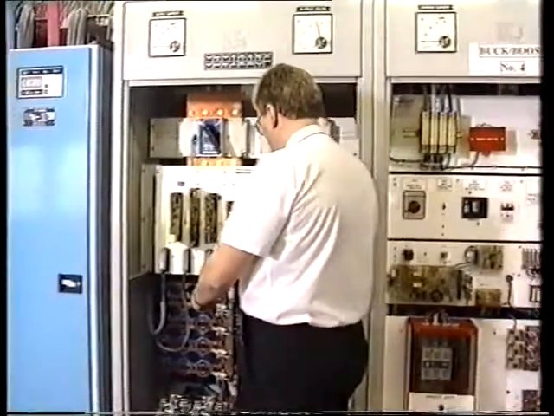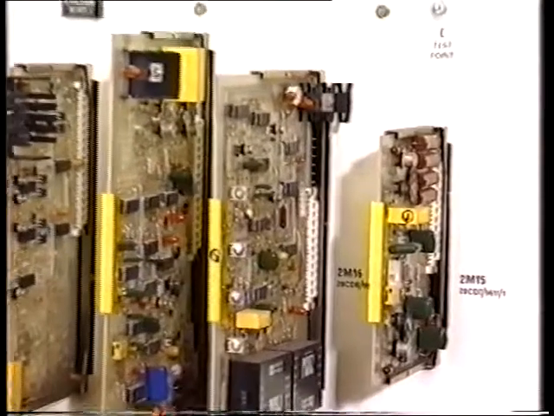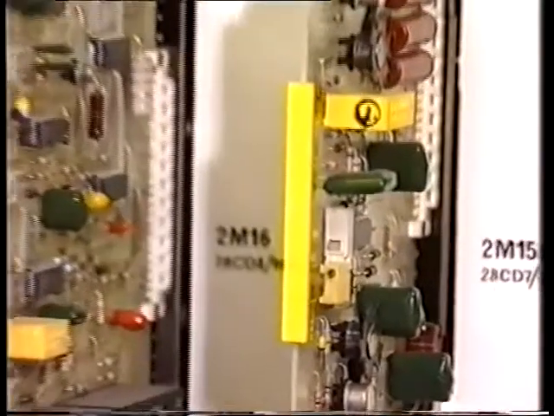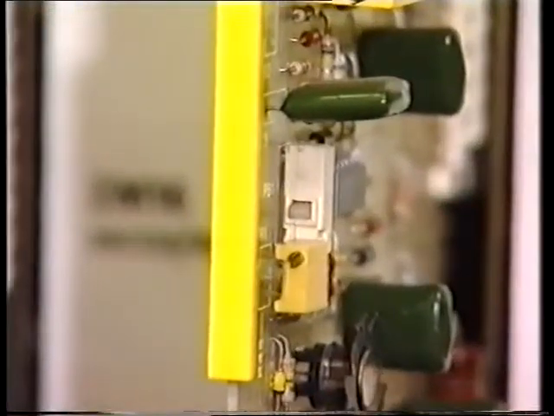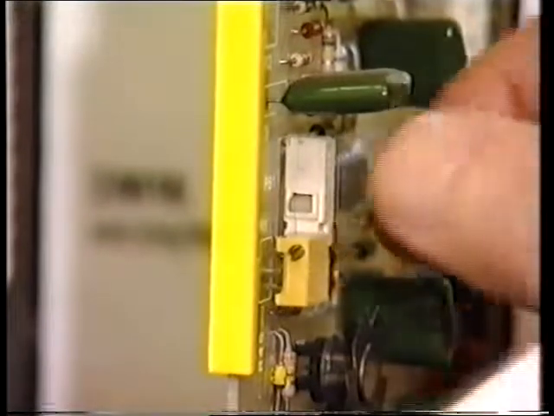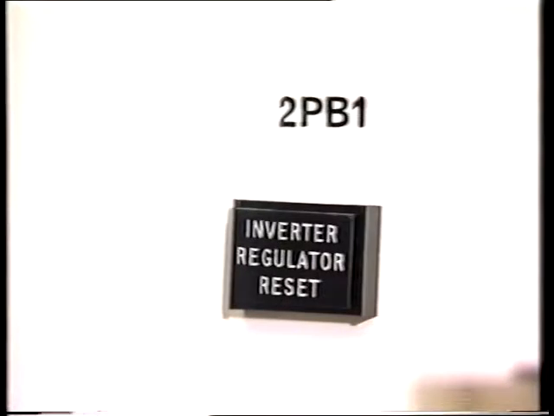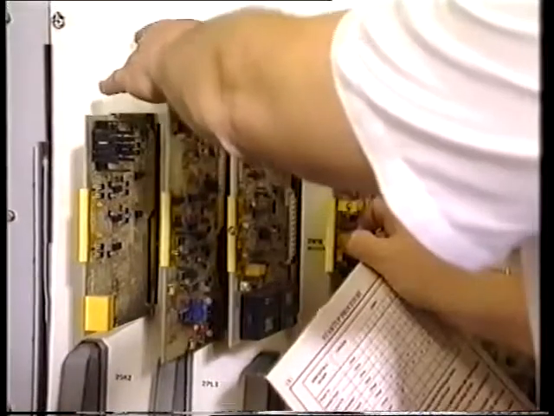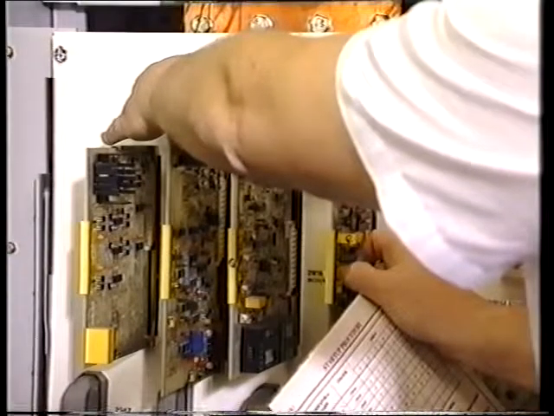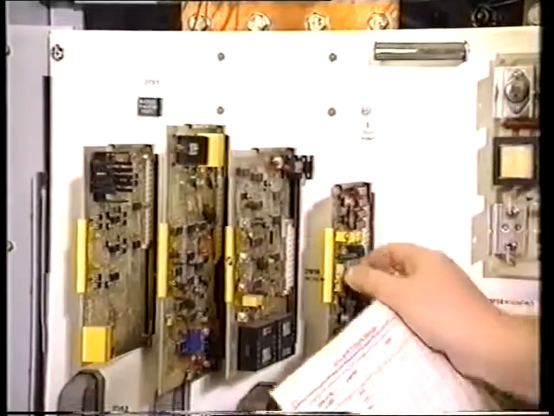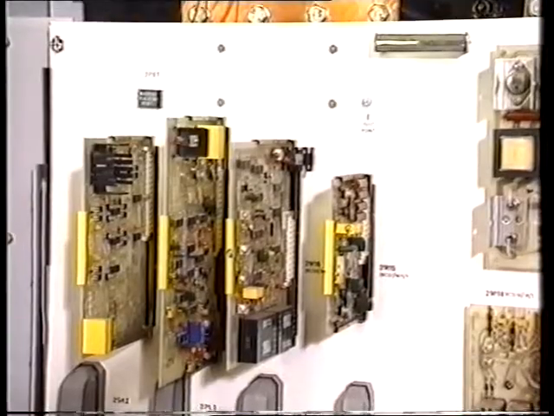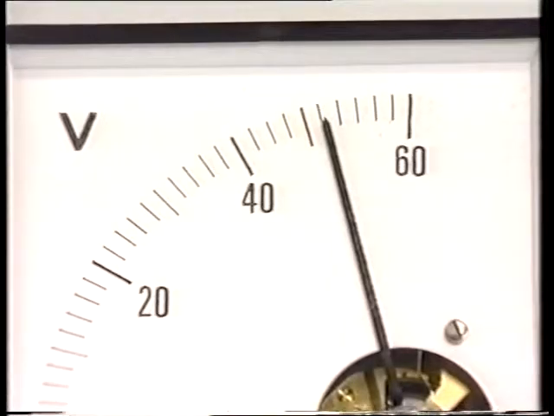Hold in both the output EHV-ELV alarm reset push button PB1, located on the EHV-ELV alarm card 2M15, and the inverter reset push button 2PB1 or 2PB2, depending on the model, for about 3 seconds. The inverter should reset and the output voltmeter should display an output voltage slightly higher than 49.5 volts.